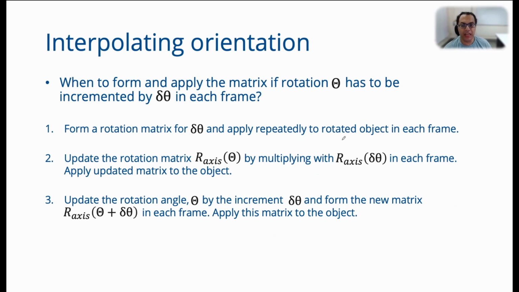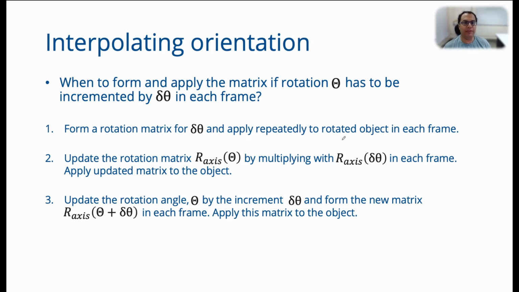Before that, I want to highlight this small point. Suppose an object has orientation theta, and the orientation of this object has to be incremented or changed by delta theta over time, over say 10 frames or 100 frames.